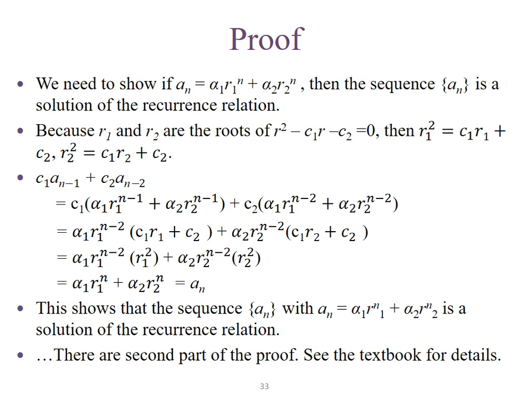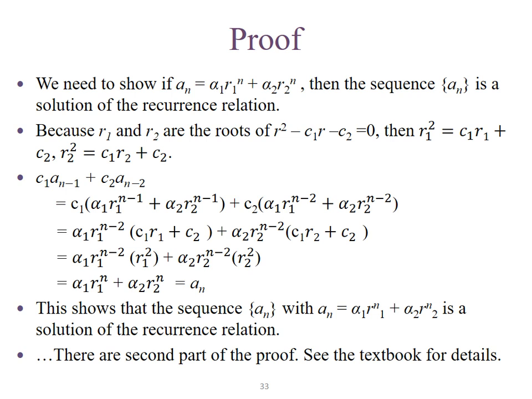Okay, so we can apply the fact that r1 and r2 are the roots of the characteristic equation. So we can replace r1 in this equation as r1 squared equals c1 r1 plus c2. And also we can replace r2 in this equation as well.